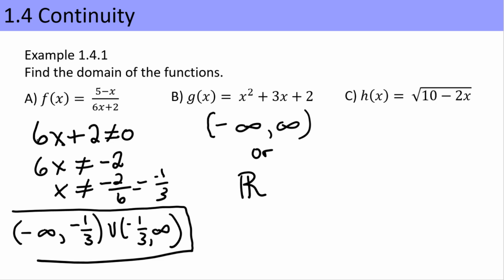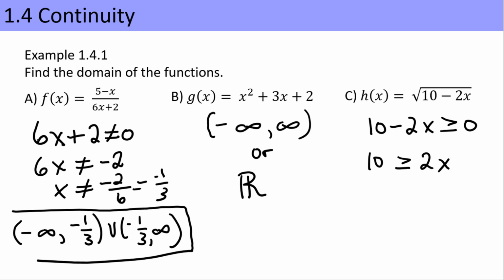In the real number system, we do not work with imaginary values, so the requirement is 10 minus 2x must be equal to or greater than 0. We're okay with having a 0 under the square root, just no negatives, so let's solve. We've got 10 is equal to or greater than 2x.